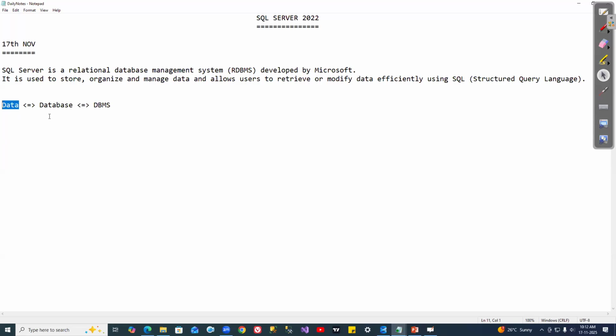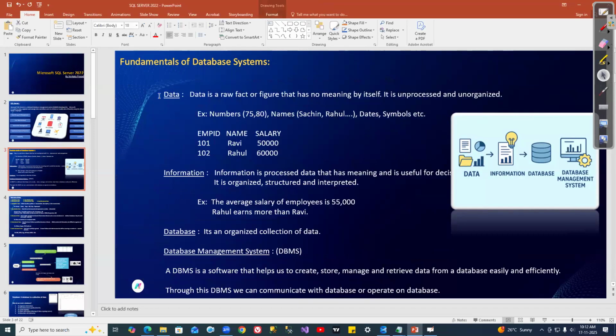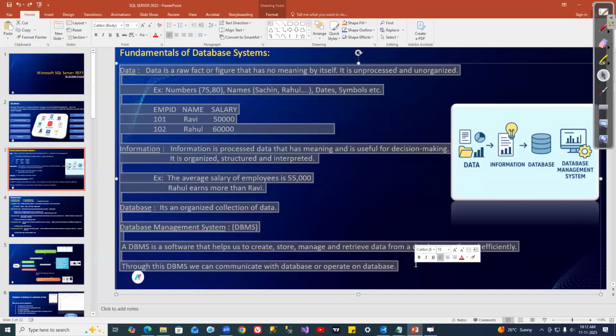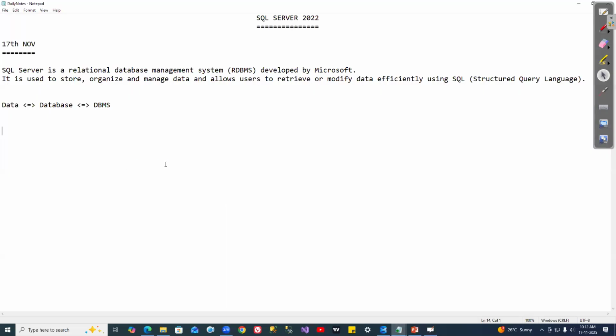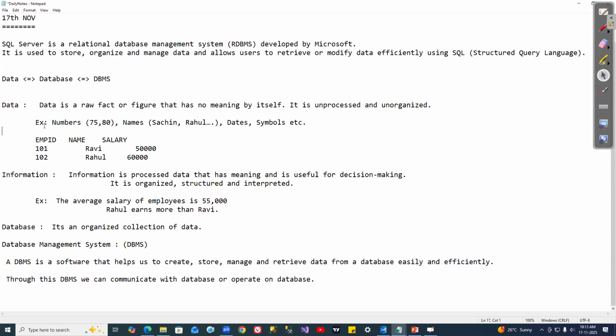Data: I prepared some material, let me show you here. First, let us try to understand what data is. Data is a raw fact or a figure that has no meaning by itself.